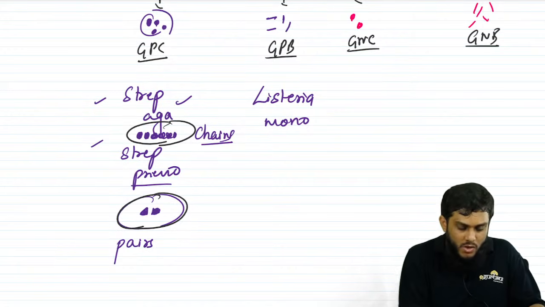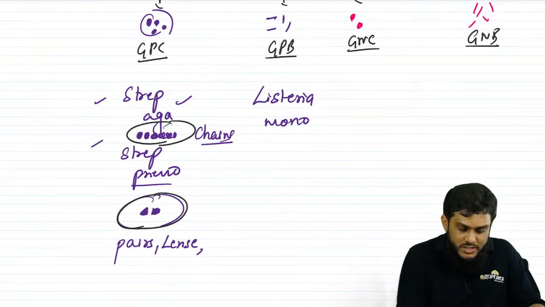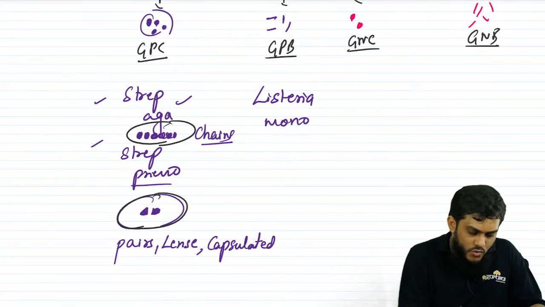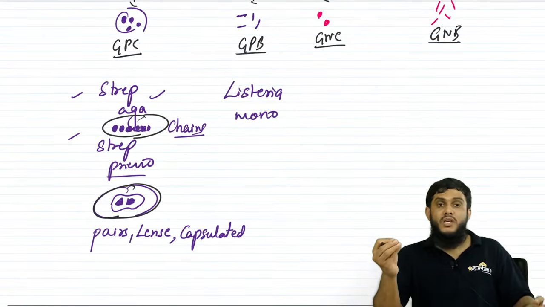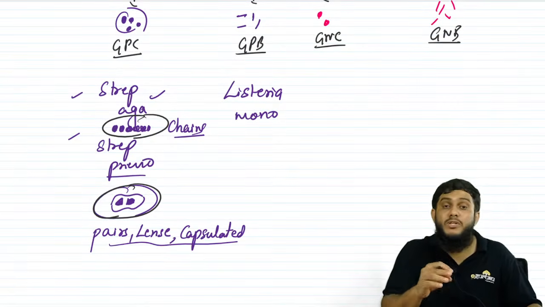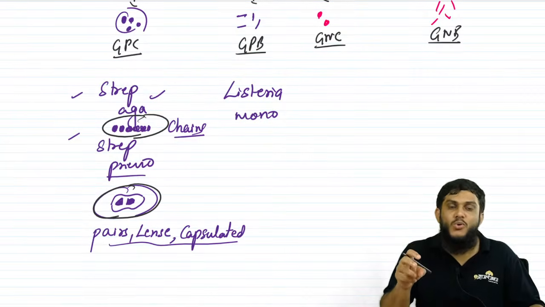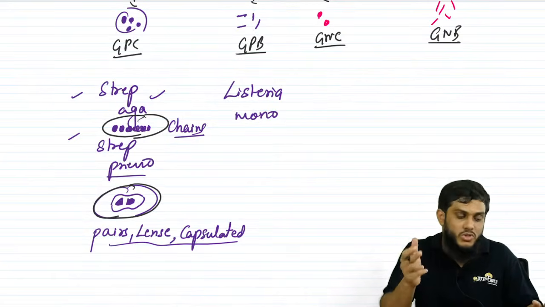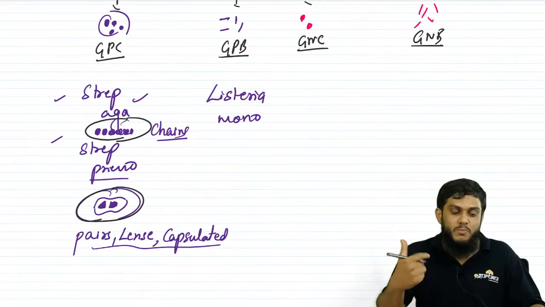And the individual cocci are lens shaped or lanceolate shaped, right? Then it is capsulated, so we can see a clear halo surrounding the cocci in the gram stain. Again, these findings help us identify that the organism we are seeing in microscopy is Streptococcus pneumoniae. One is the age group. Second, the arrangement of the cocci will also help us come to the diagnosis, whether it is agalactiae or pneumococcus, that is Streptococcus pneumoniae.